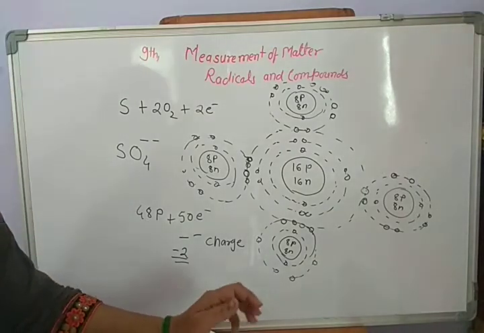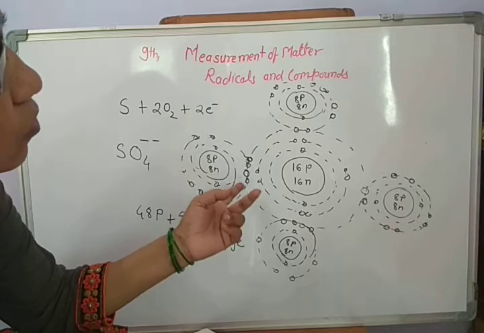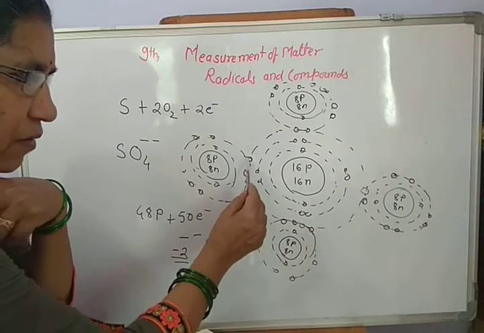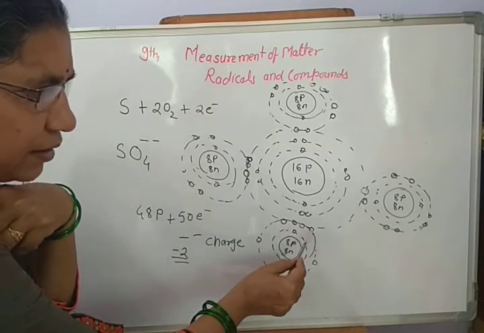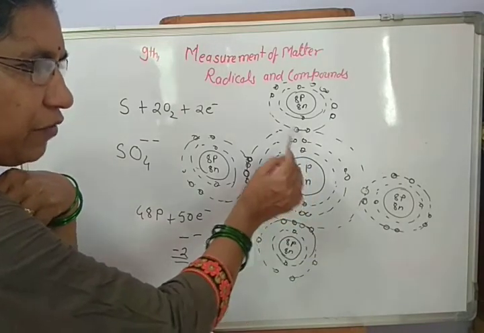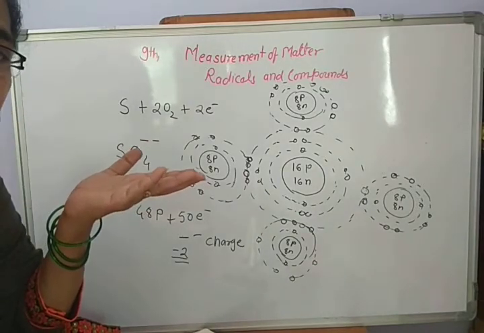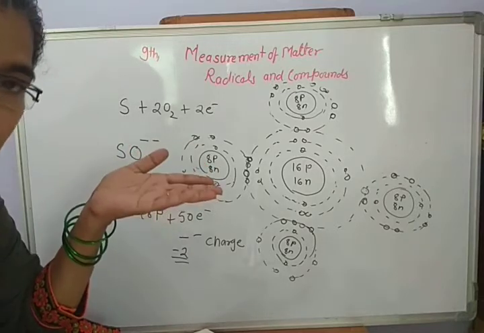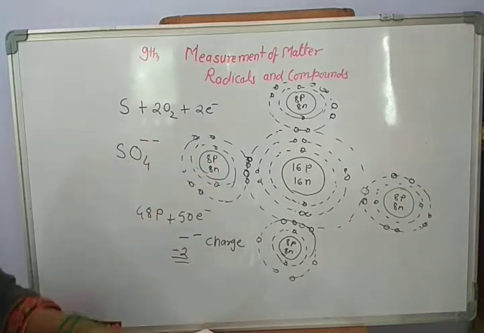Now, what is extended octet? How many electrons are in the outermost shell of this sulfur? 1, 2, 3, 4, 5, 6, 7, 8, 9, 10, 11, 12. There are 12 electrons in the outermost shell of sulfur. So the octet is overloaded. This is extended octet. Why does it happen so?